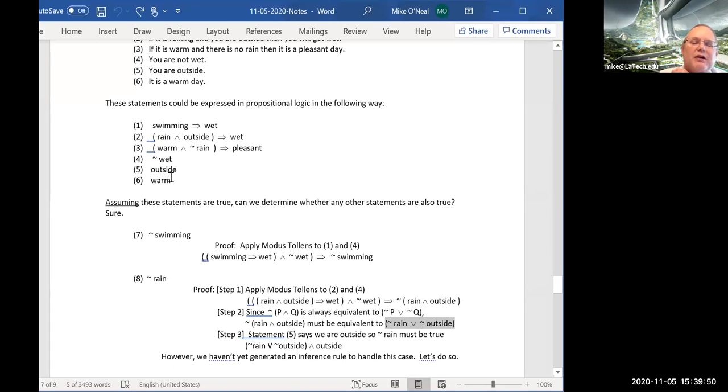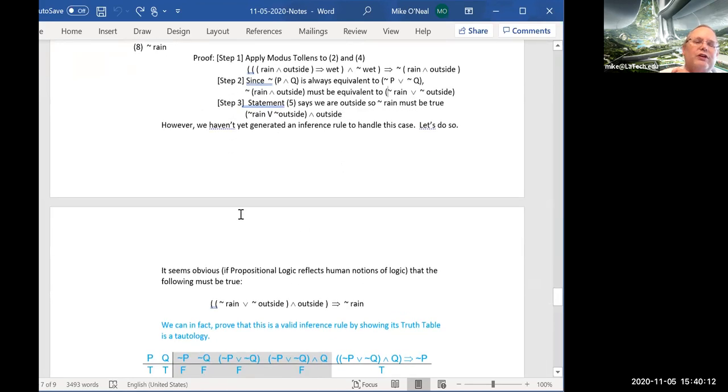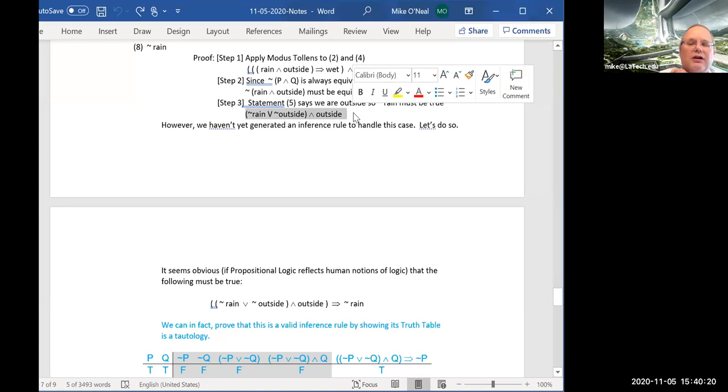Now, statement 5 says that I'm outside. So if either it's not raining or I'm not outside, and I know that I'm outside, well, what do you naturally conclude? Well, you naturally conclude that it's not raining, right? Now, we haven't actually proven this. We haven't actually generated an inference rule that says that you can conclude not rain from this thing.